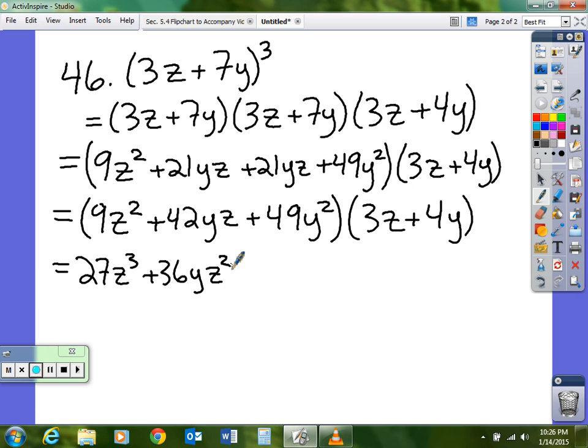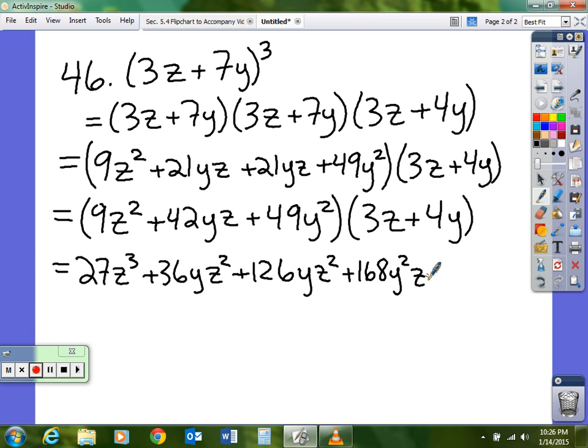Moving on to the 42yz. Multiply it by each of the two terms in the right-hand parentheses. 42yz times 3z. 42 times 3 is 126yz squared. 42 times 7 is 294 y squared z.